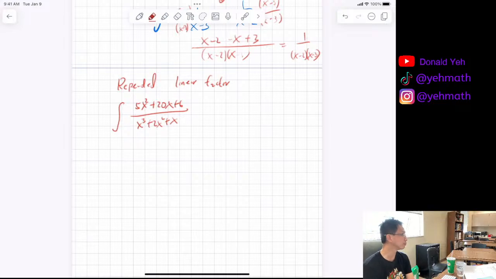Bravo. Got it? Just factor the bottom. That's all he wants. Only the factor of the bottom.